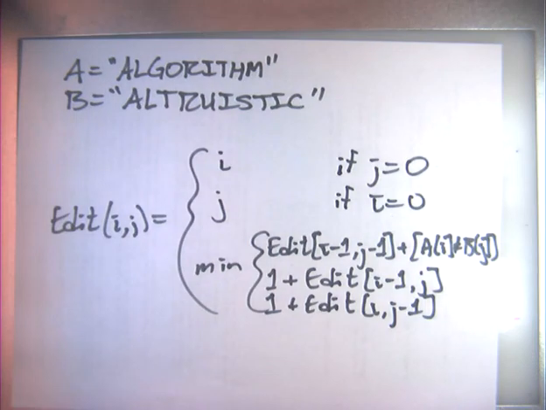Here, edit(i,j), again, this is straight out of the notes, is the number of insertions and deletions and replacements that I need to perform to transform the first i characters of string A into the first j characters of string B. And in class, we turned this recurrence into a dynamic programming algorithm that memoized the values into an m by n array, and the way that we developed the algorithm is by thinking about dependencies between slots in that array.